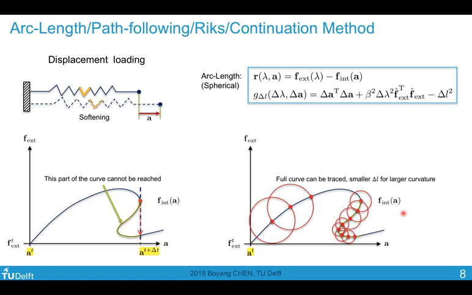Another question that was raised during the classroom session was that what's the computational cost when compared to standard Newton-Raphson? And the answer is that it's more costly because we have an augmented system. We have additional unknowns, which is lambda, the loading. So we have a larger system to be solved, and so the recommendation is to always use full or standard Newton-Raphson first.